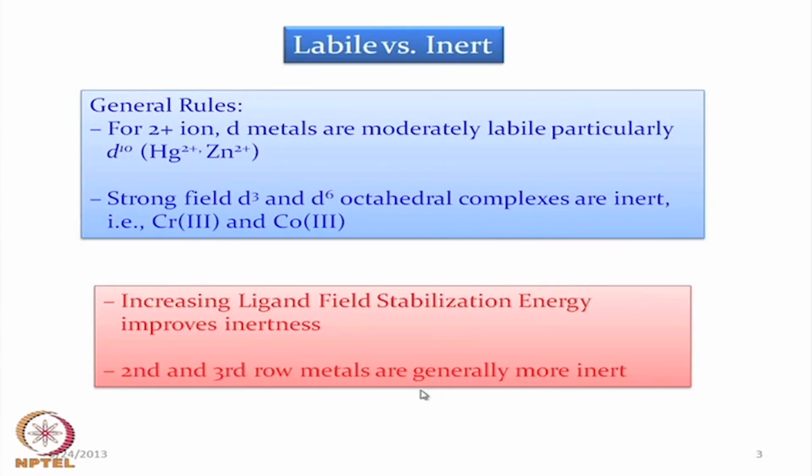So, when we study the kinetics of these complexes, the good choice would be the compounds from the second and the third row elements. For the ruthenium and osmium cases, or for palladium and platinum cases, we can measure the corresponding rate of the reaction very easily, because most of the compounds available from there are inert in nature.